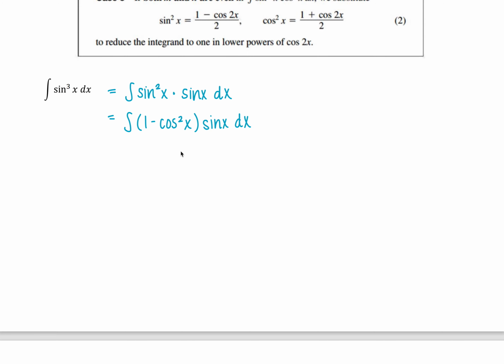Now I'm going to go ahead and multiply this out. So 1 times sine x, obviously, is just sine x. Then we have minus cosine squared x sine x.